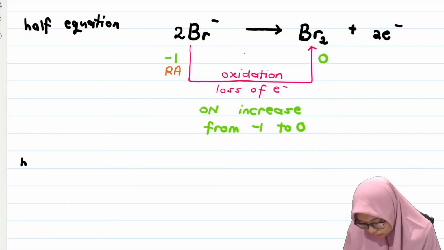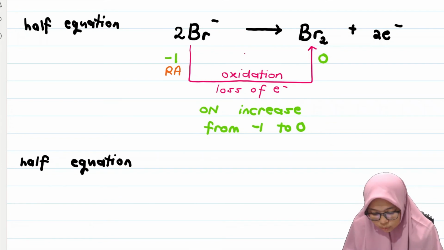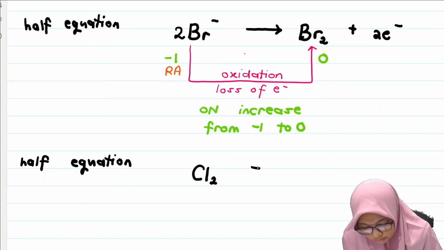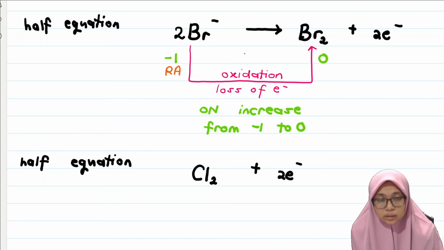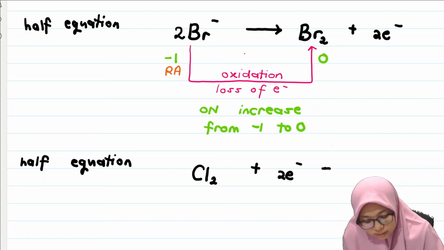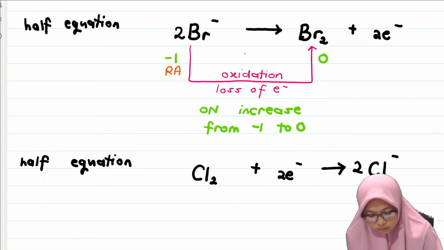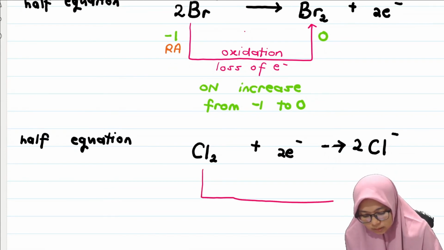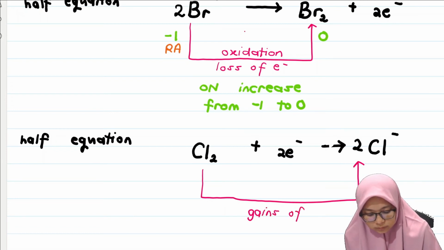So for chlorine, we start with Cl2, because in chlorine water, the chlorine molecule exists as Cl2. Chlorine will accept electron because chlorine is more reactive, as we discussed before. Chlorine wants to accept electron and form chloride ion, so 2 chloride ions. In this reaction, chlorine accepts electron, gains electron. So you have gain of electron.